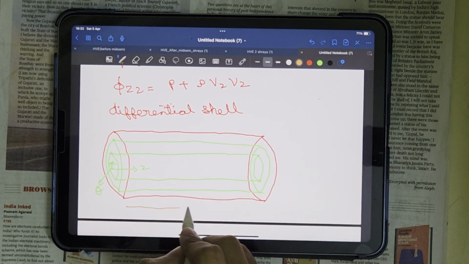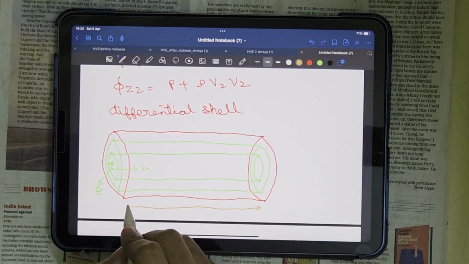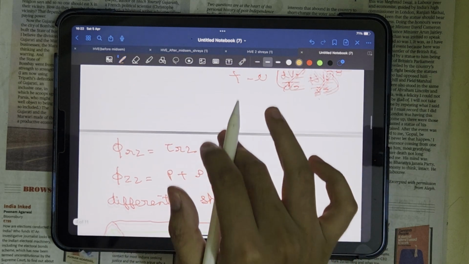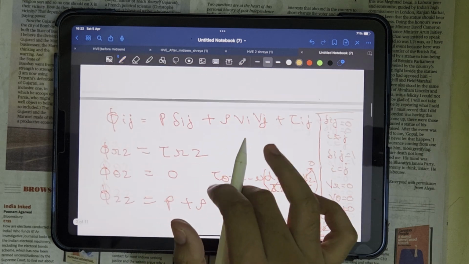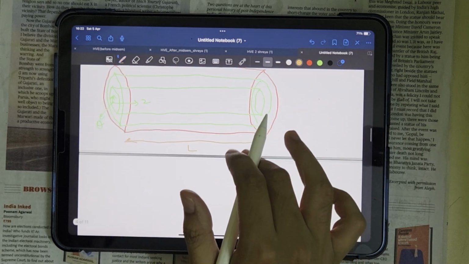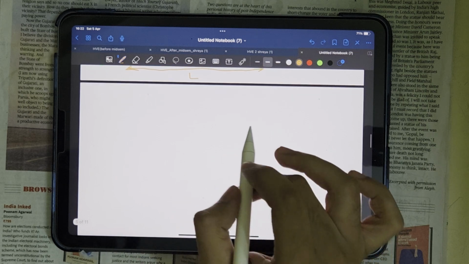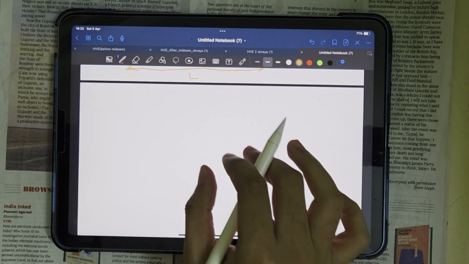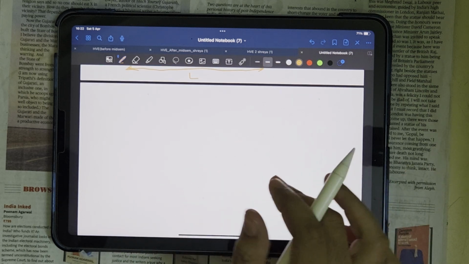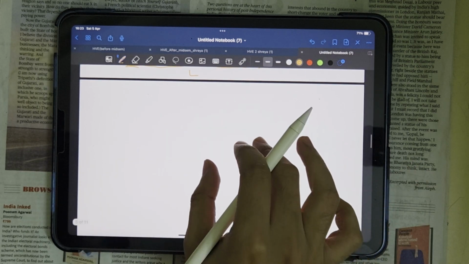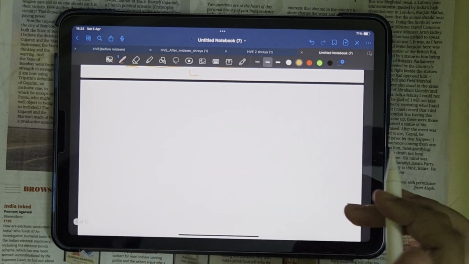This length here will be L. Now we will write all the forces, all the rates basically. So all the flux multiplied by their specific cross section.